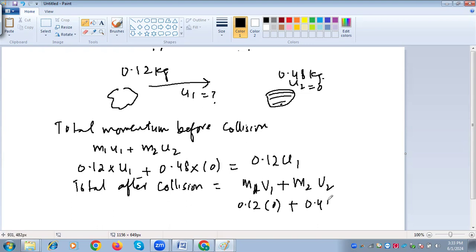So 0.48 into 0.1. Okay, so we will apply the law of conservation of momentum, that is total momentum before collision equals total momentum after collision. 0.12 u1 is equal to, this is 0, initially it was 0, the coconut was at rest, so 0.48 into 0.1.